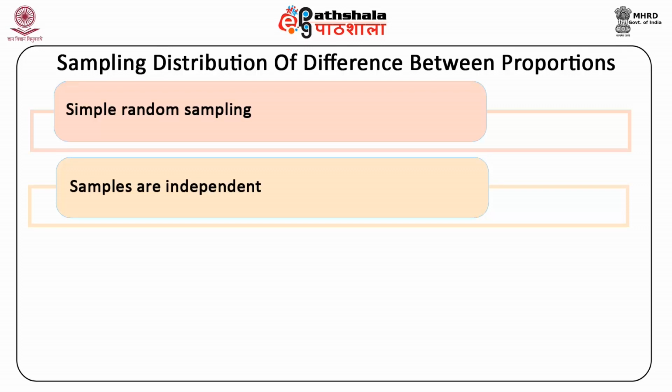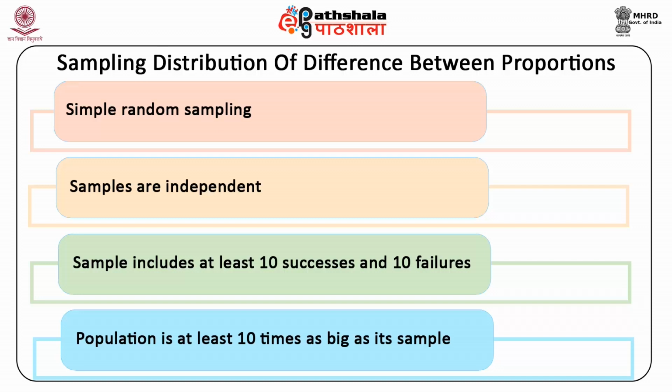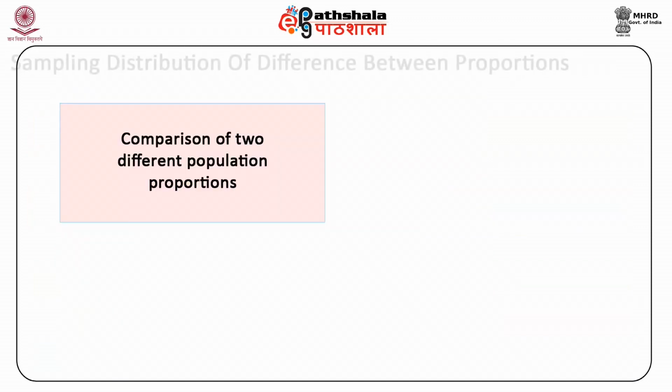Second, the samples are independent. Third, each sample includes at least 10 successes and 10 failures. Some texts say that 5 successes and 5 failures are enough. And last, each population is at least 10 times as big as its sample.